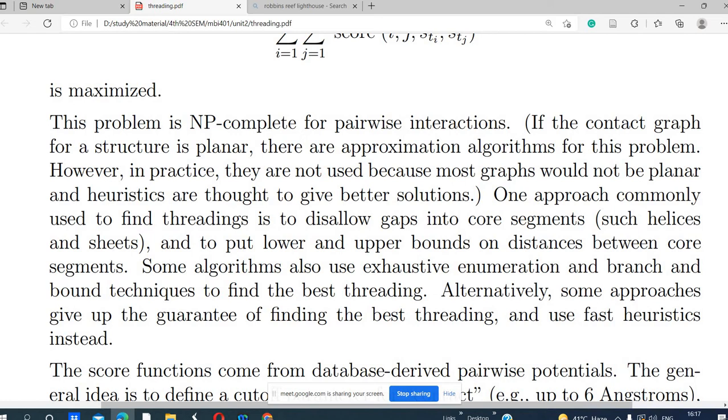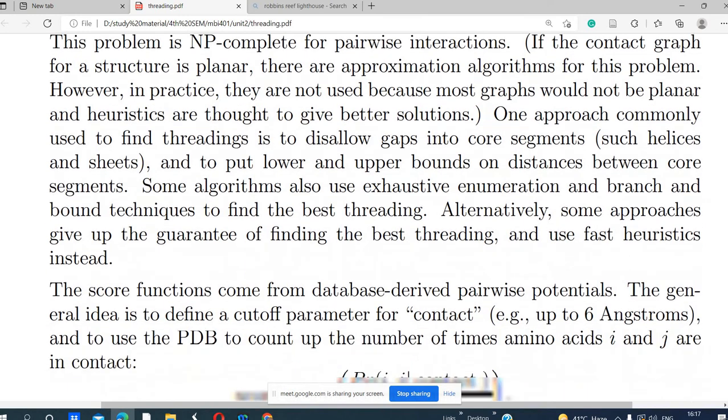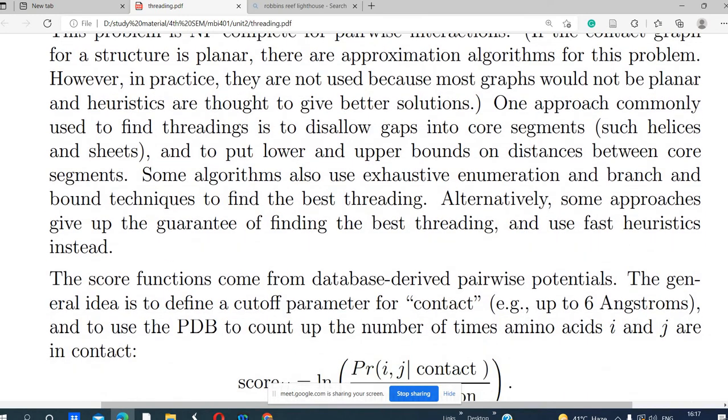If the contact graph for the structure is planar, there are approximation algorithms for this problem. So mostly we do not use this method, but it is important. The interaction is important in this method. One approach commonly used to find threading is to disallow gaps in core segments.